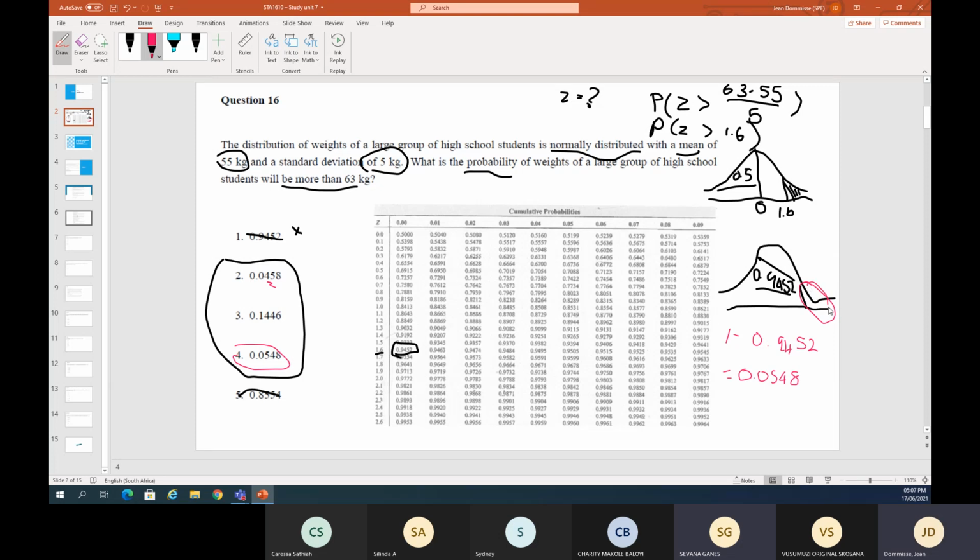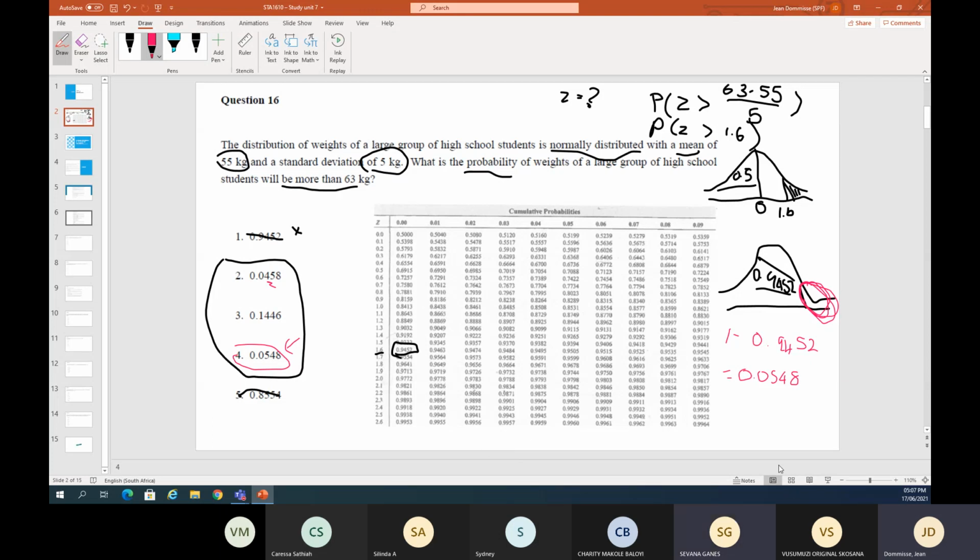Okay, so if you wanted that small area, you could have gone directly to the negative table, and you could have looked at negative 1.6, and you would have gotten that answer. Okay. So every time that you're looking for the small probability, you can always look at the negative table.